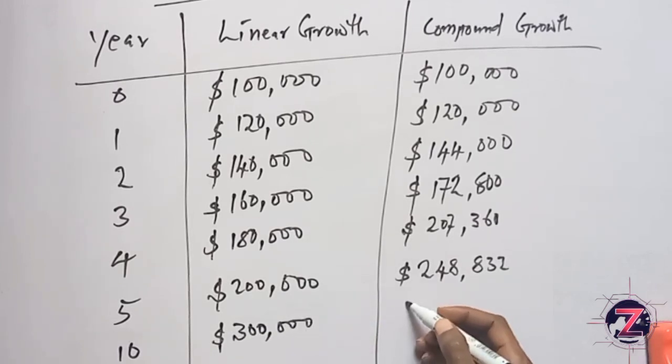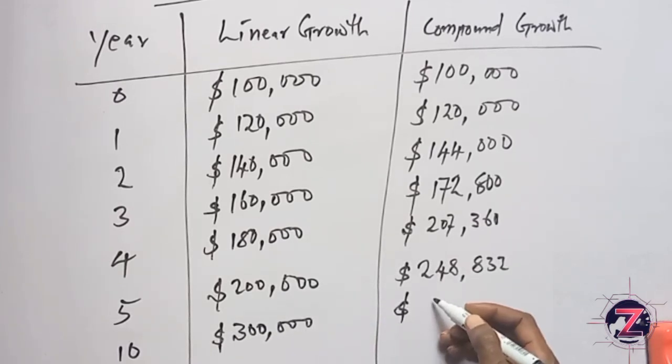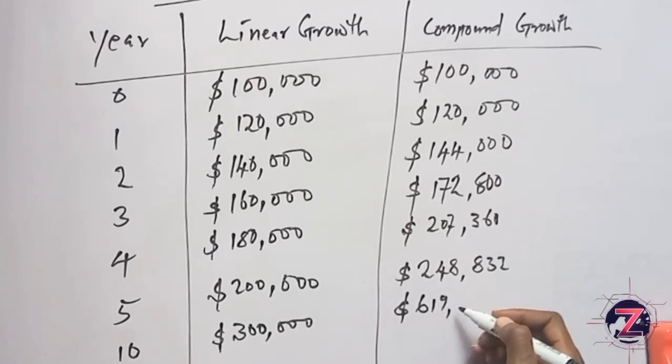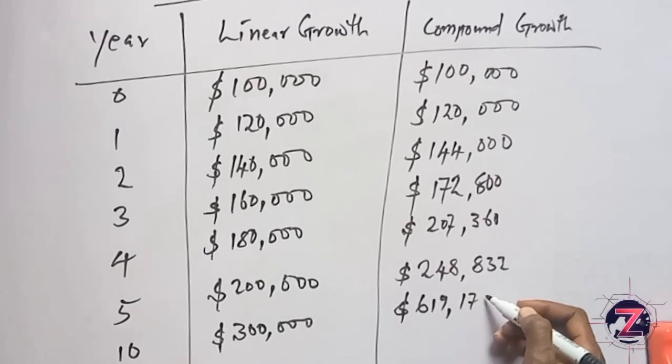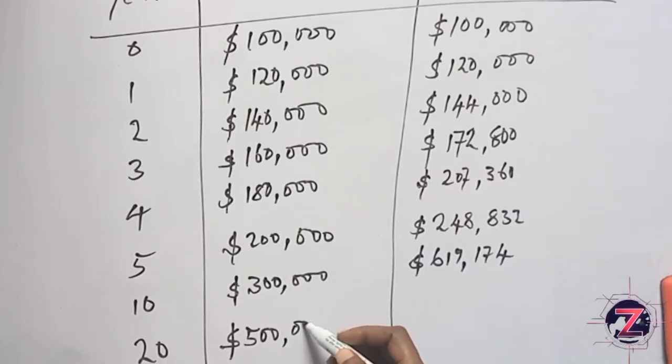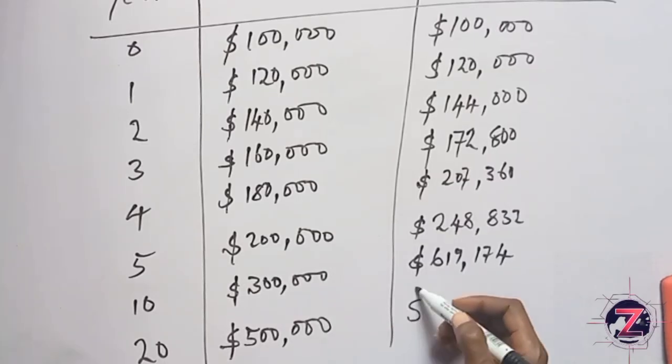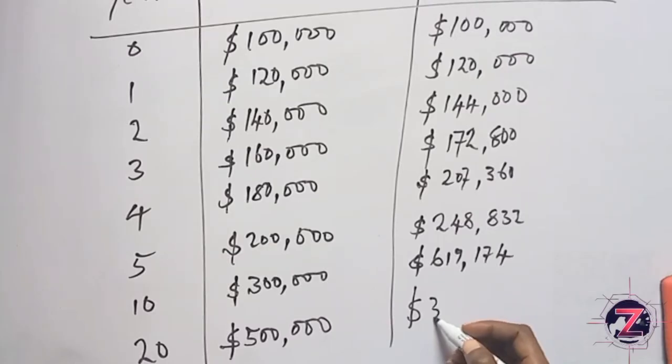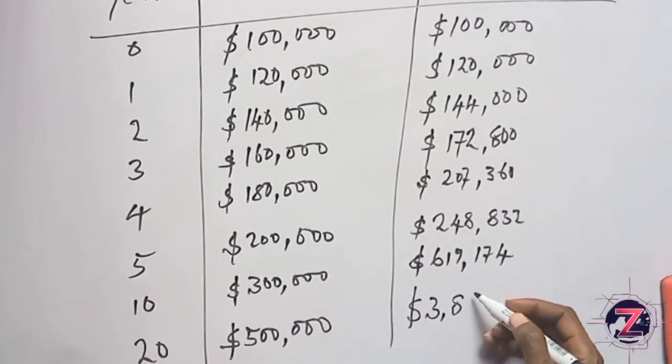Good. But on compound growth, you can see $617,174, which is about double the linear growth. Then, the 20th year, linear growth attained is $500,000, whereas compound growth is way beyond $1.3 million.